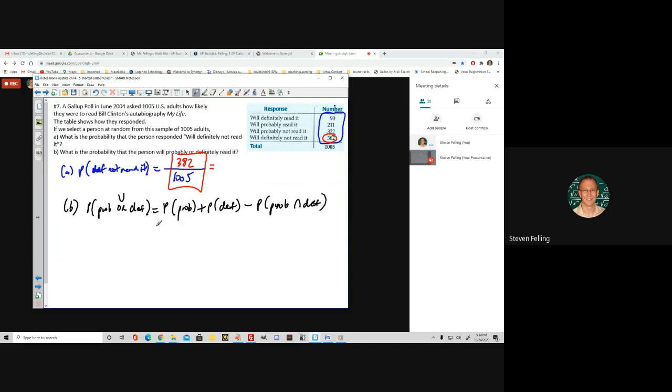Well, the probability that they probably read it is 211 out of the 1005. Definitely read it would be the 90 here, right? And then we would have to subtract off any overlap between these. But there's no person that said both they will probably and definitely read it. So this is 0.